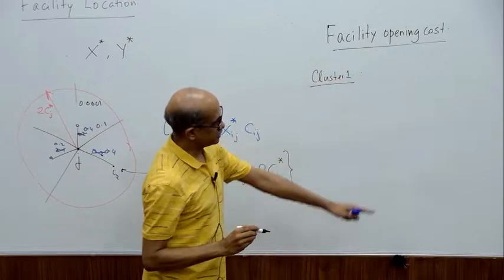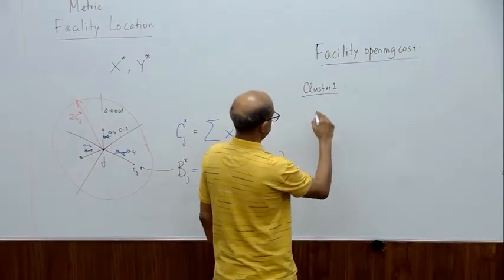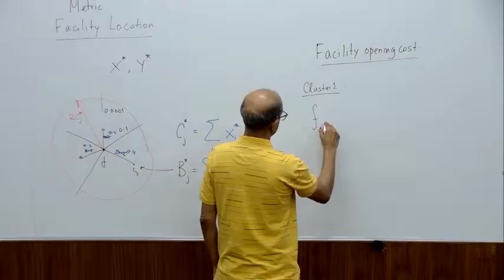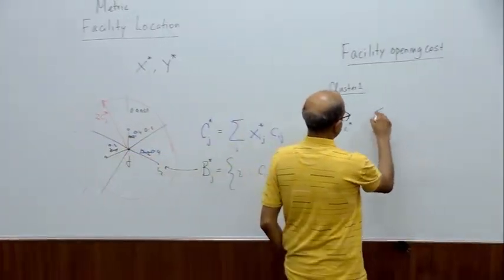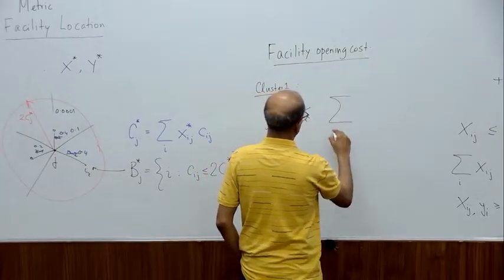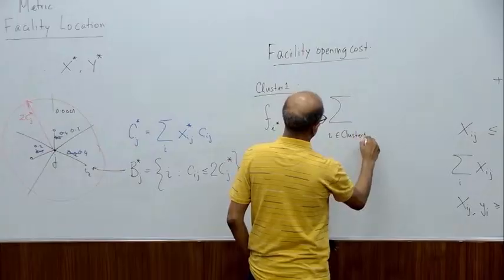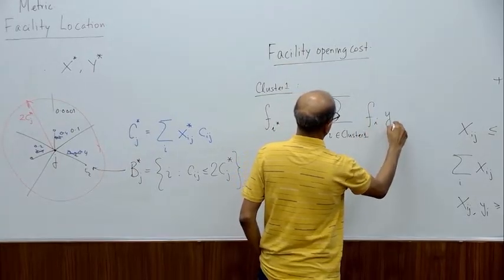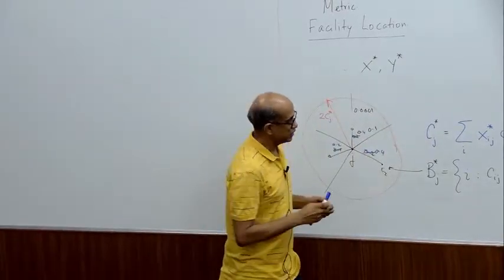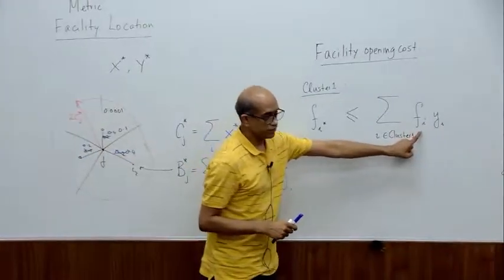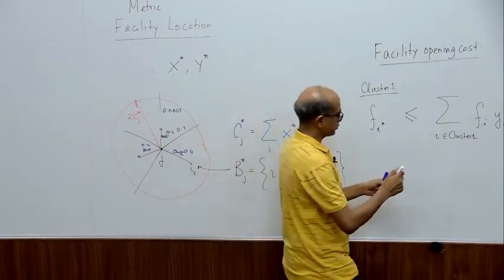I paid the cheapest cost. Let's say I opened some facility I star, so I paid f of I star. I want to claim that this is less than or equal to the sum over all facilities in cluster 1 of fi yi. Why is that? Because each of the fi is at least fi star. Let's just prove this.